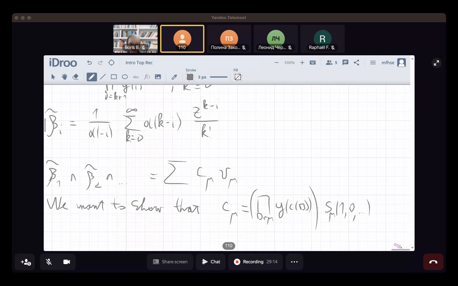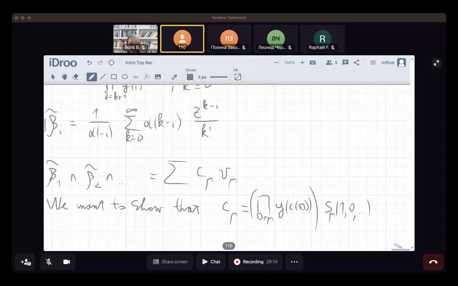But formally, you can say that you have this product from 1 to infinity of 1 over a to the power minus I, and then you have all the z.